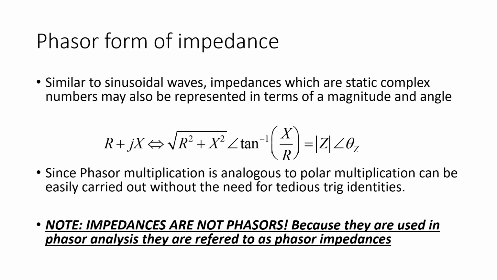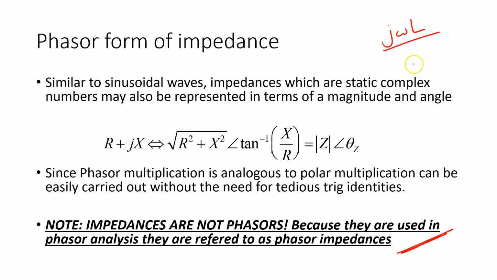The important thing to remember about these impedances is that they are not phasors. Although we call them the phasor impedance, they are just complex numbers. They don't have any frequency associated with them. Although the value of the impedance is, say, j omega L, there is no rotation of this vector. This is a single quantity, so there is no t value.